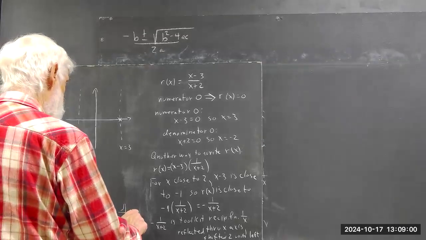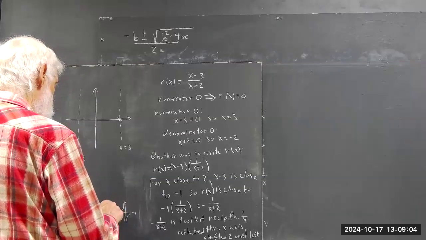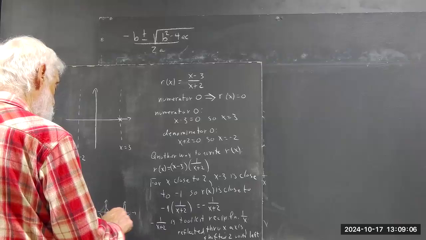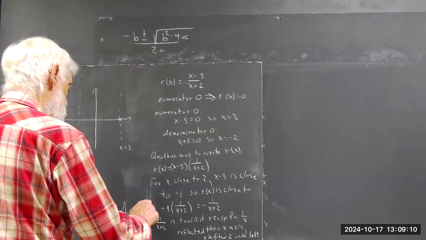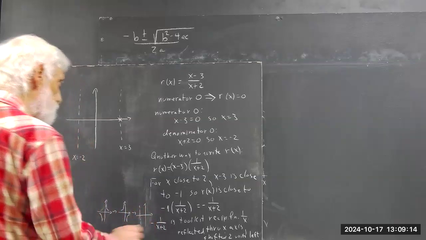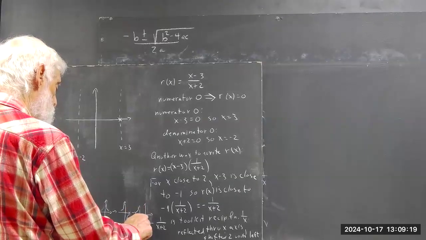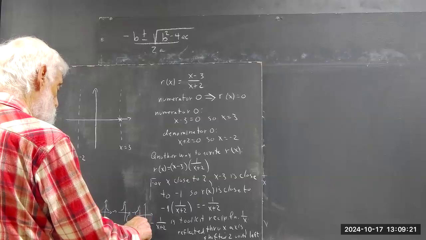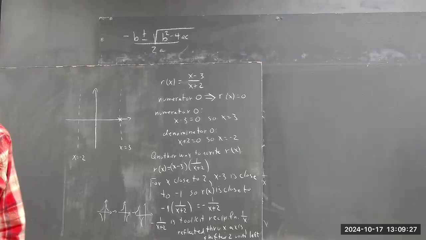And then we shift it left 2 units, giving us a graph that looks like this. That picture makes sense, should, if you understand transformations.